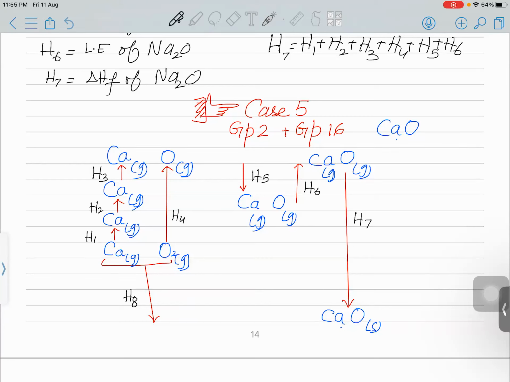Sir, why didn't we start with calcium in solid state? The charge. Okay. Now send me your solution. Okay, sir.